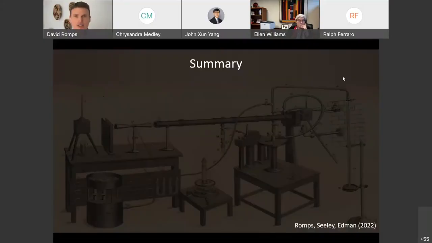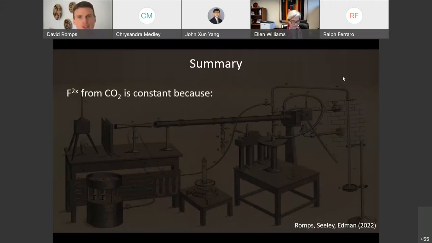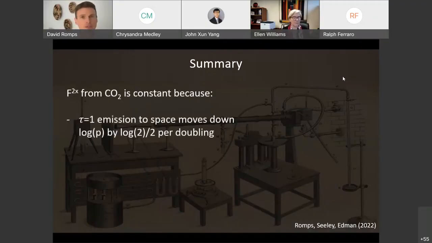Okay, so let me wrap up. This is my summary slide, everyone's favorite slide, because it means I'm done. So in summary here, we learn that we get the same forcing for every doubling of CO2 because of a few simple reasons. First, the tau equals 1 level of emission to space moves upwards in the atmosphere, down the log of pressure axis, by log of 2 divided by 2 for every doubling.